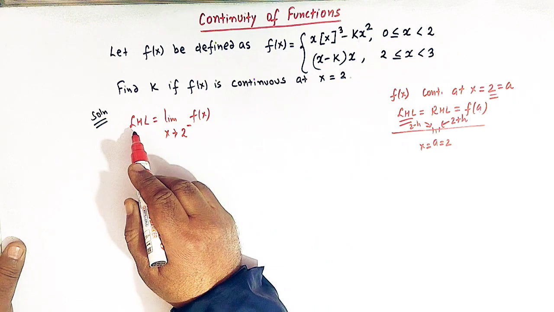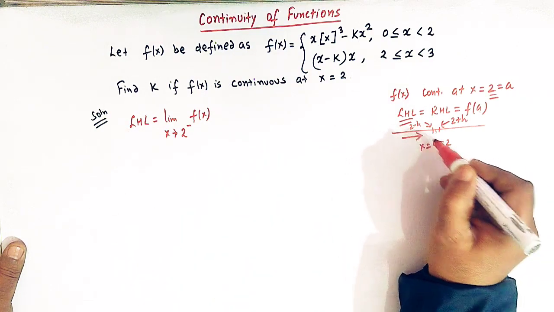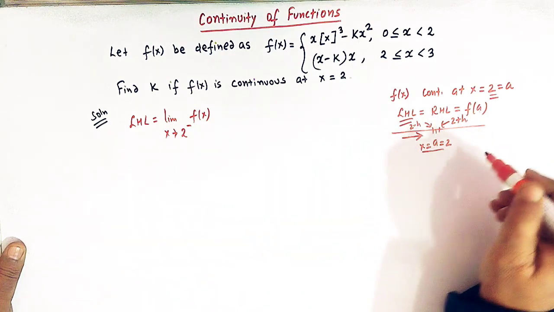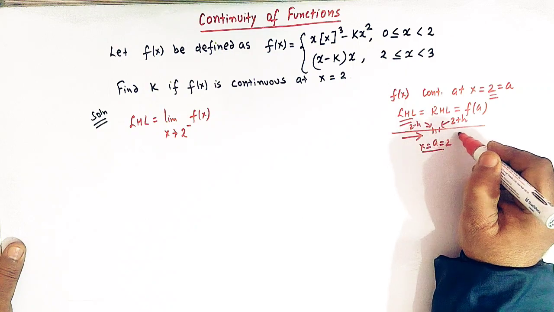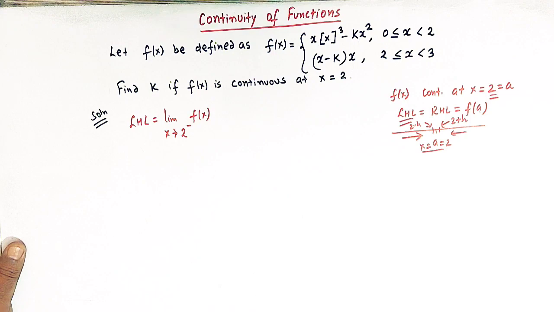So when we find the left hand limit, it means we are approaching from the left of x equals 2, and when we are calculating the right hand limit, it means we are approaching from the right of x equals 2.